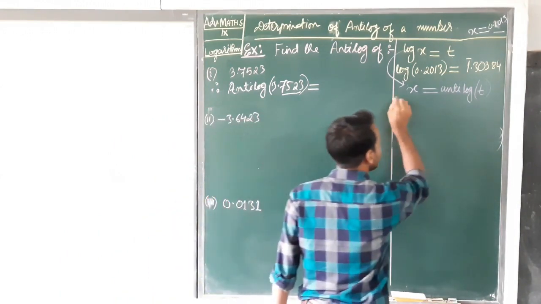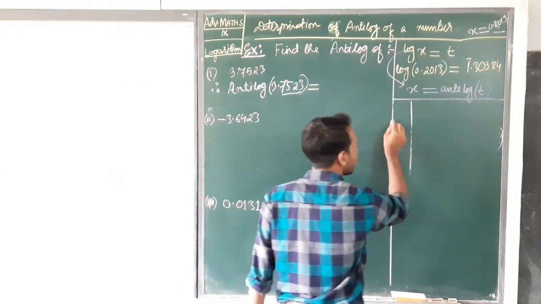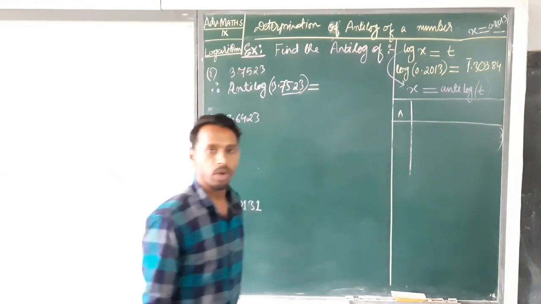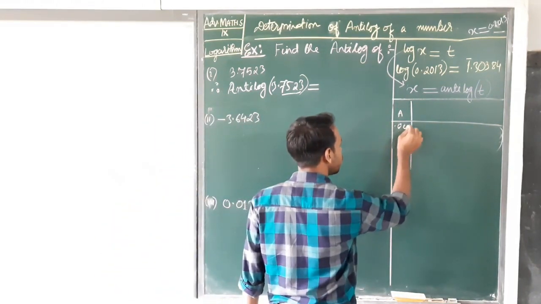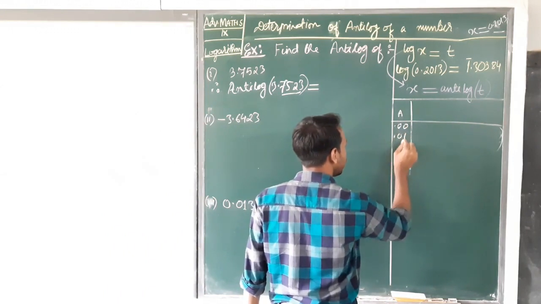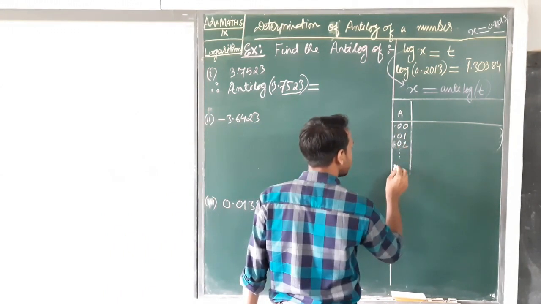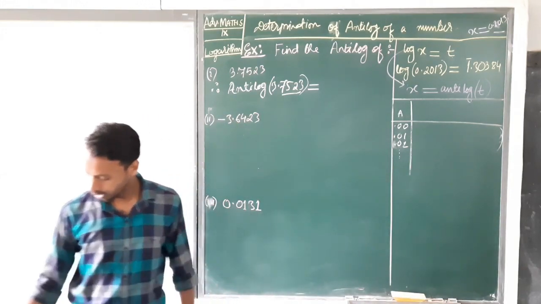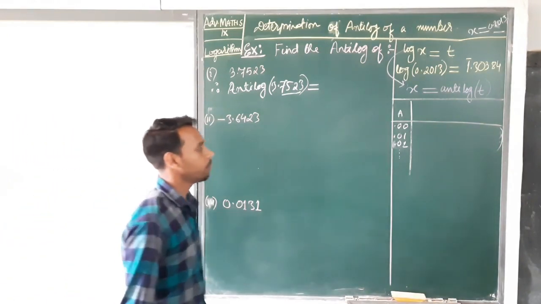Antilog table also used to have columns and rows. Suppose this is column A, where 2-digit numbers used to be there. Starts with 00, 01, 02, like this. Goes on. You will get till 99.